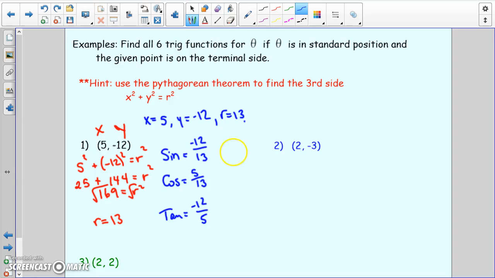And then to do the reciprocal functions, cosecant, I'm just flipping the sine. So it's 13 over negative 12. Secant is cosine's reciprocal function, so I'm just going to flip it. So it's 13 over 5. And cotangent is tangent's reciprocal, so if I flip it, it's 5 over negative 12.